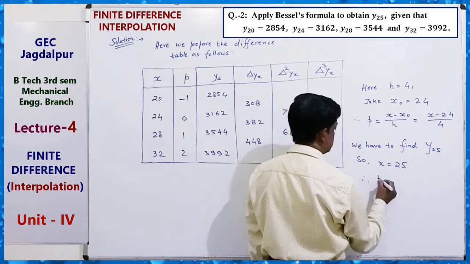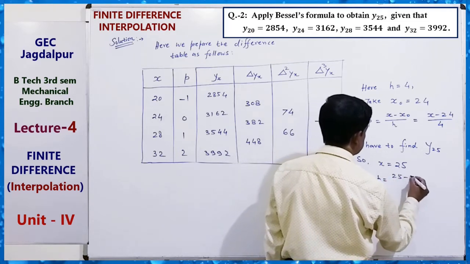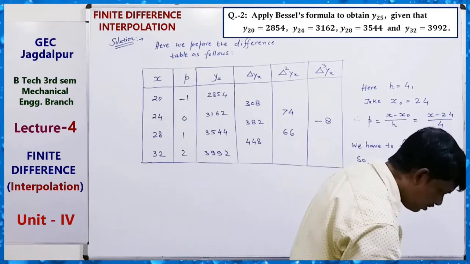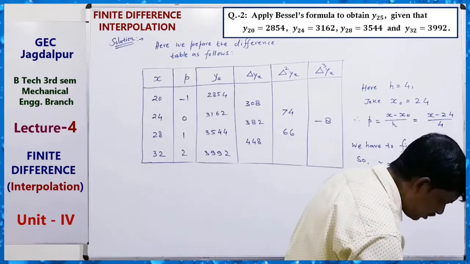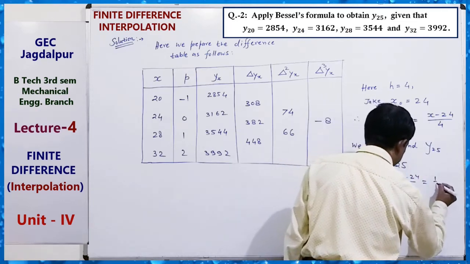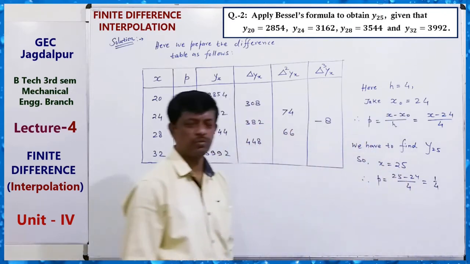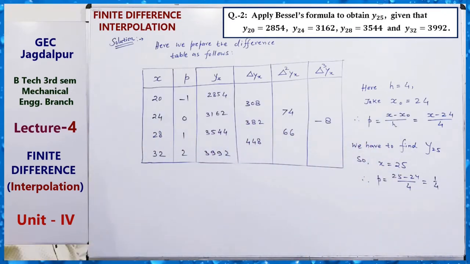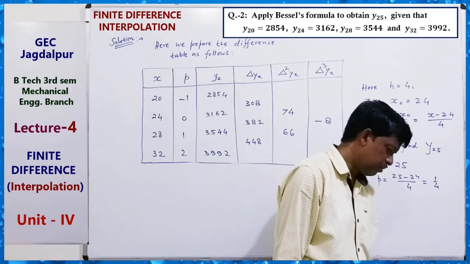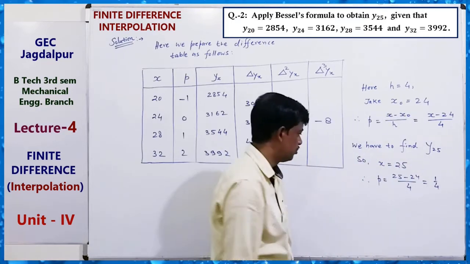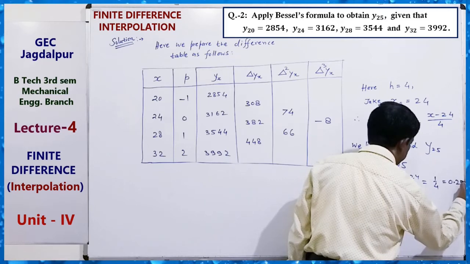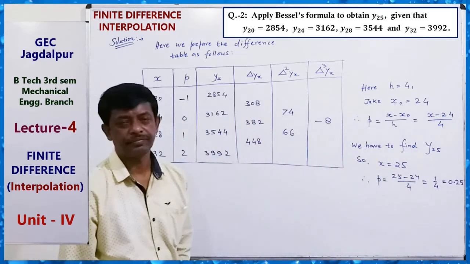Therefore p equals (25 minus 24) by 4, which equals 1 by 4. We can use both formulas, but here we will use Bessel's formula. 1 by 4 means 0.25. Clear?